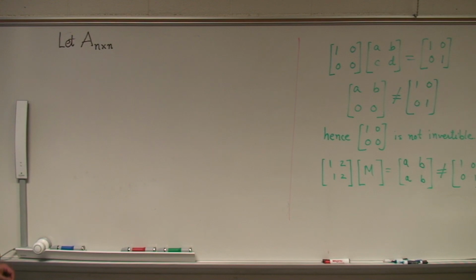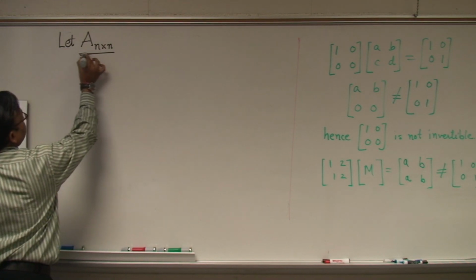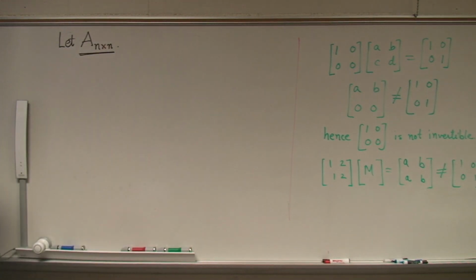In case I need to highlight that we are talking about a general matrix, I will tell you the size of it. So let's make sure that we focus on square matrices only.